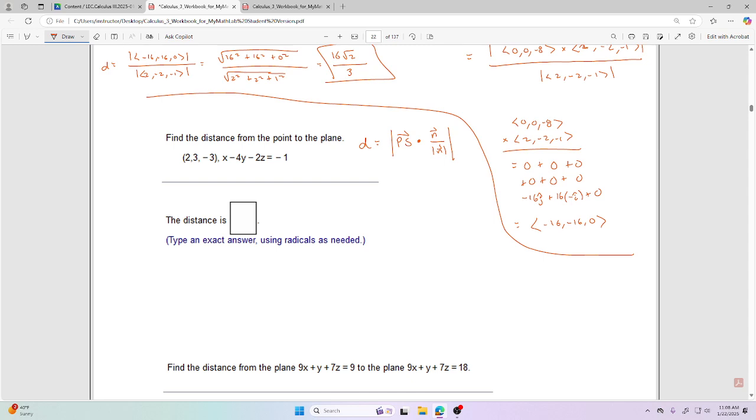Anyways, back to this. Here we go. So, what would you call my n vector? What would be the n vector? So then, yes, therefore the value of n would be perfect.